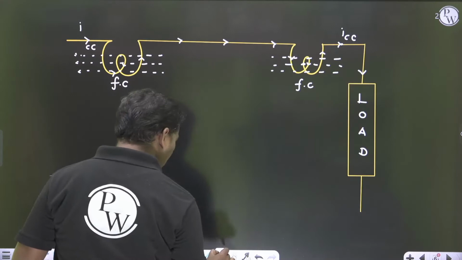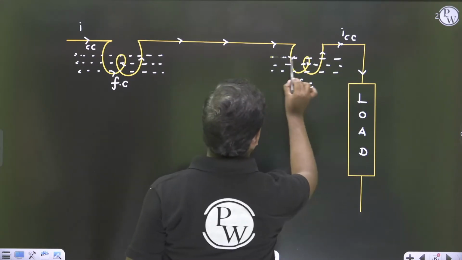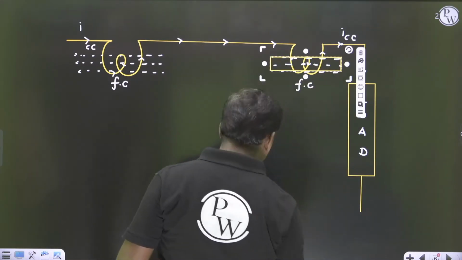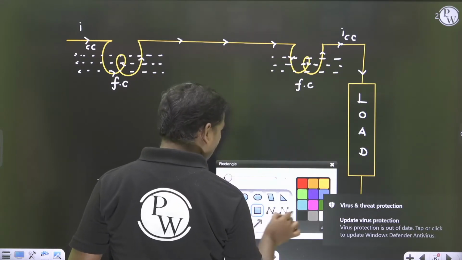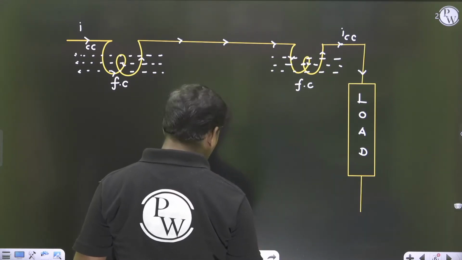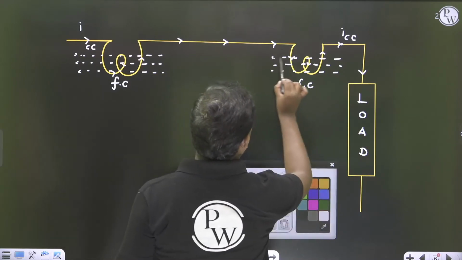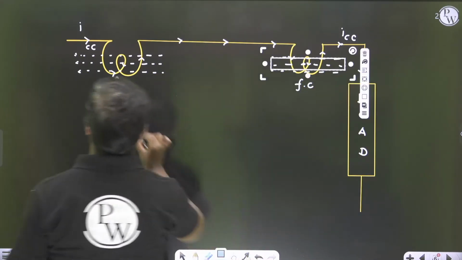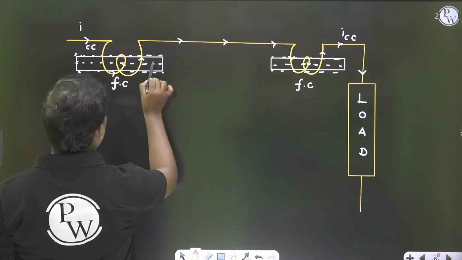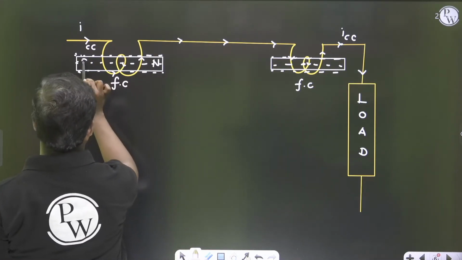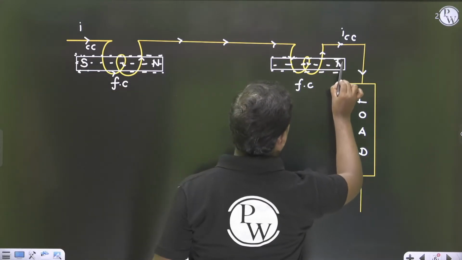Okay dear. So these two are going to act like a magnetic bar. Don't confuse, just for understanding purpose, I am using a magnetic bar. So if you take this as a north pole, and this as a south pole, understood.